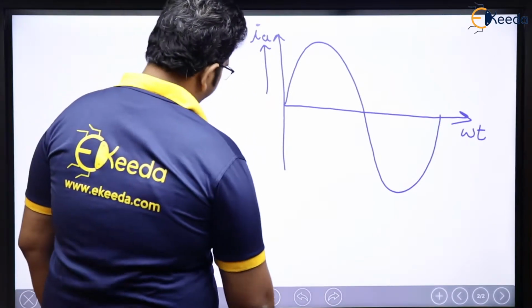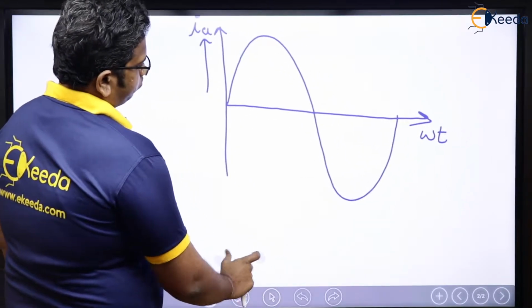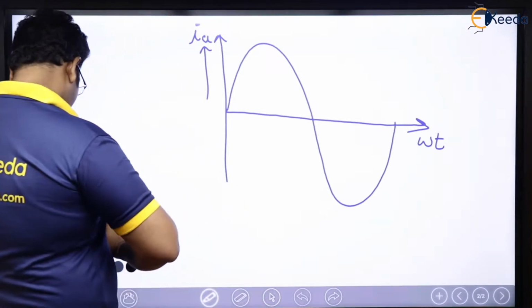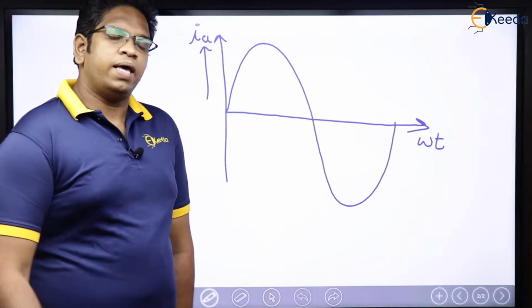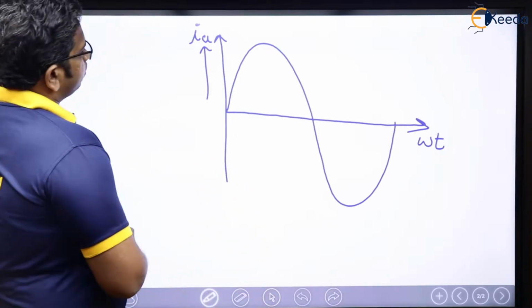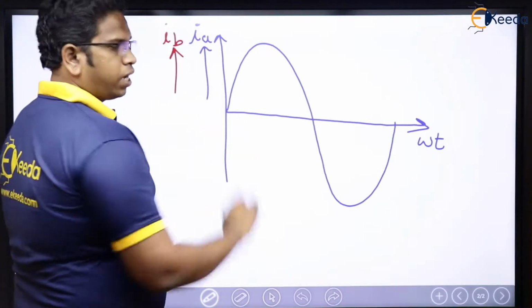Now, see here. Now, let me have the second phase. Second phase is IB, because this is IA, then second phase has to be IB, right? Now, let me consider second phase, IB.